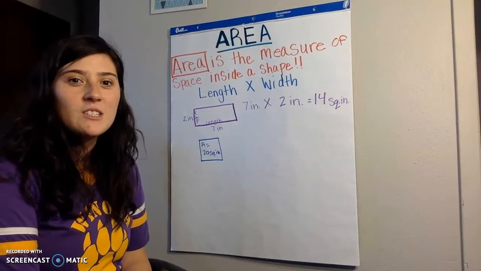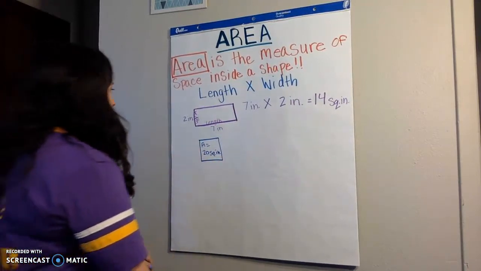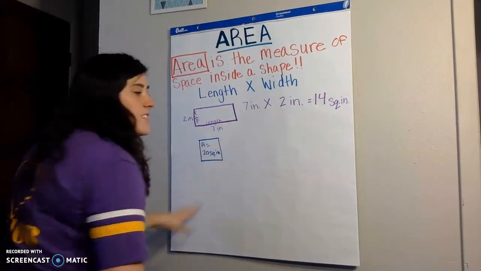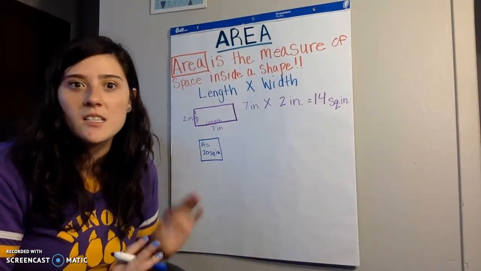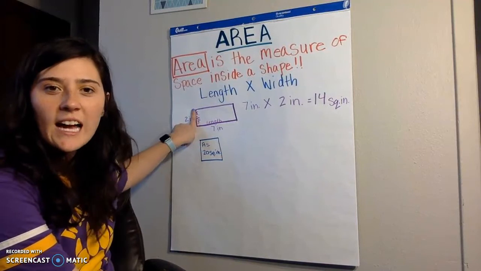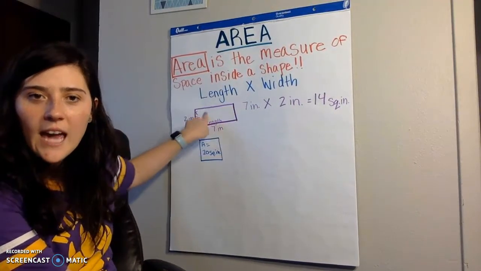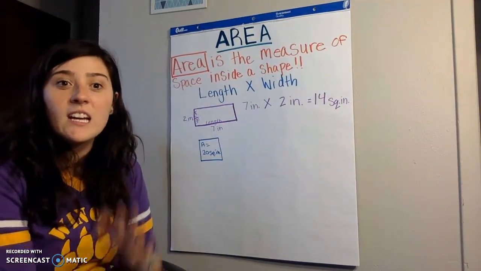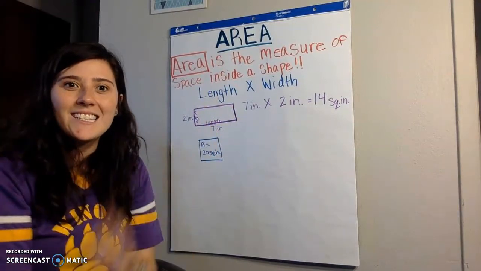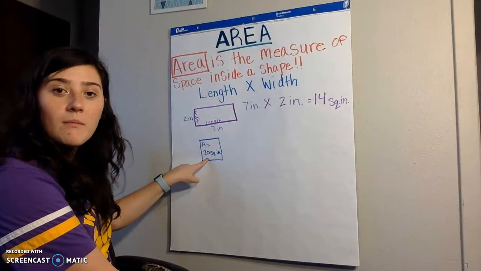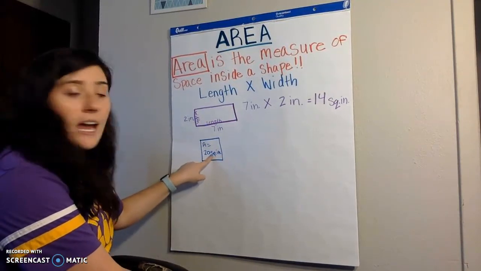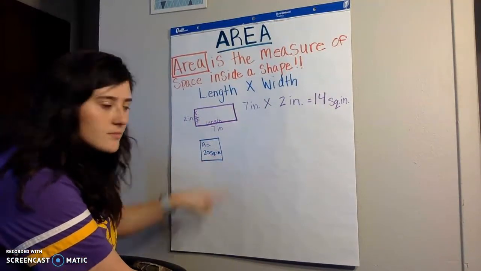I know my area is 20 square inches, and I know a square has all equal sides. It's not like a rectangle, where a rectangle has short ends and long ends. A square is equal on all sides. So I know there are 4 sides, and I know that my area is 20.